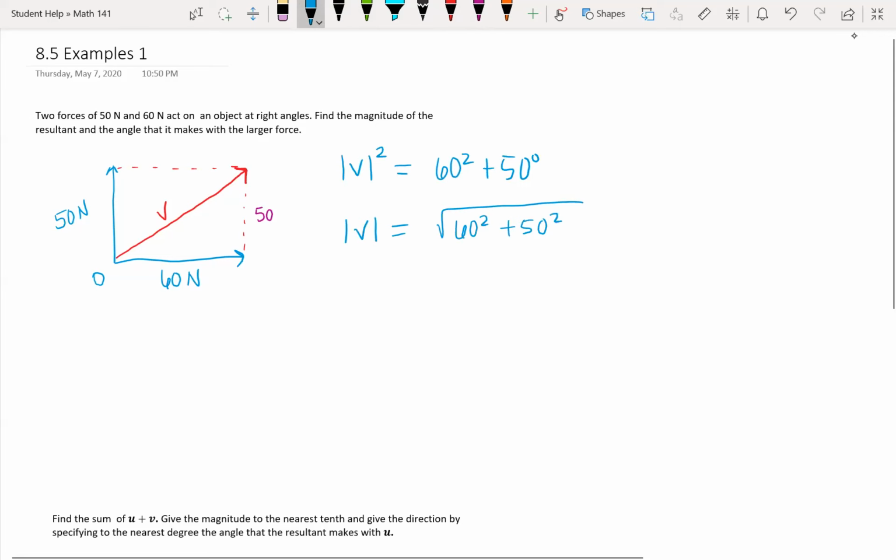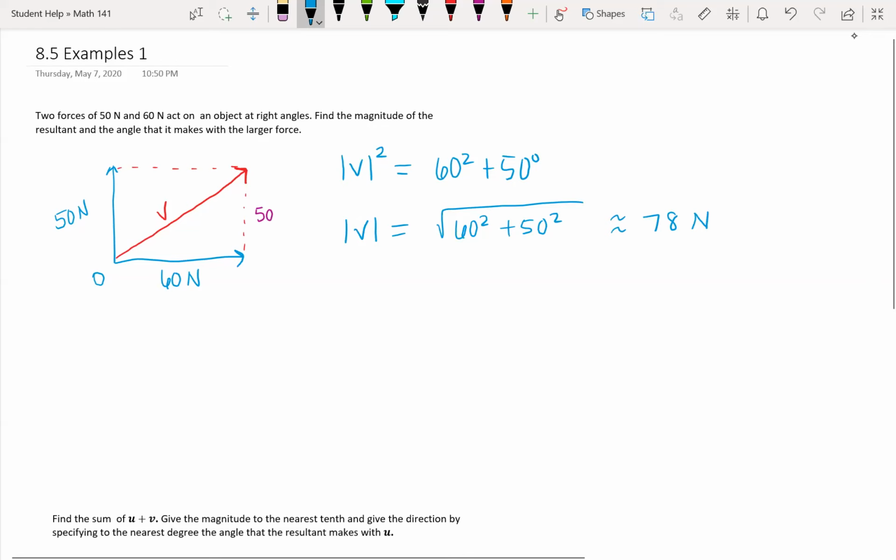And if we plug that into a calculator, we should get approximately 78 newtons, rounding. So that's the force that the object is going to move in that direction.